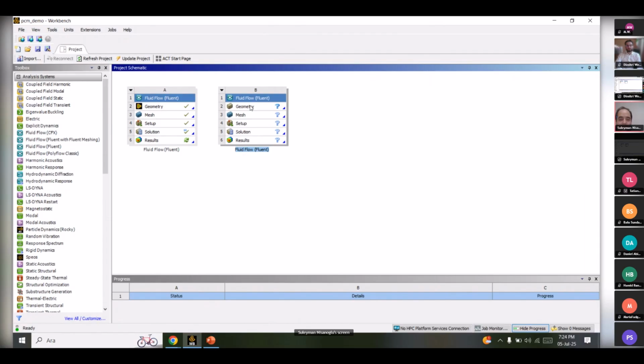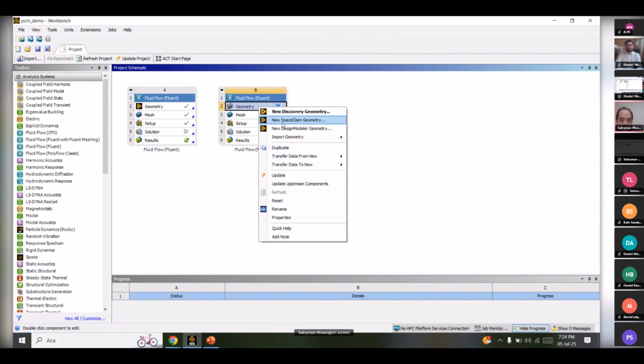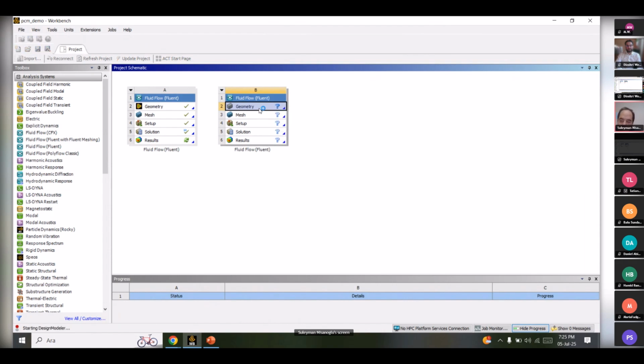Right-click and select Design Modeler here. Design Modeler, Alt-1. After that, SpaceClaim, and very new is Discovery. I prefer Design Modeler, but I suggest Discovery, of course. But I right-click and select Design Modeler.